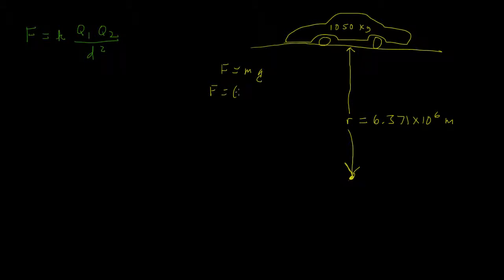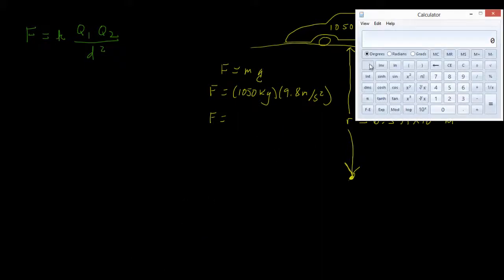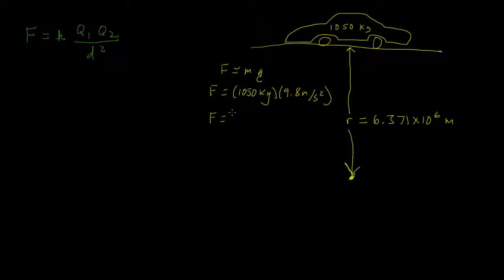So the force here will be 1,050 kilograms times g, which is 9.8 meters per second squared. So let's see what we get. 1050 times 9.8 gives us 10,290, and that will be newtons.